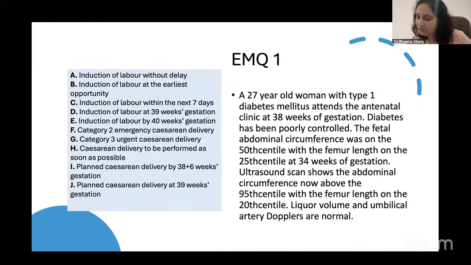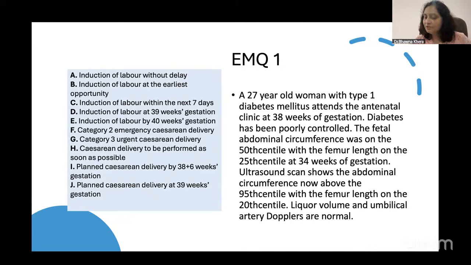Let's see what the answers are. The options here are H, I, A, B, and D. H is a cesarean delivery to be performed as soon as possible. I is planned cesarean delivery by 38 plus 6 weeks gestation. A is induction of labor without delay, and B is induction of labor at the earliest opportunity.